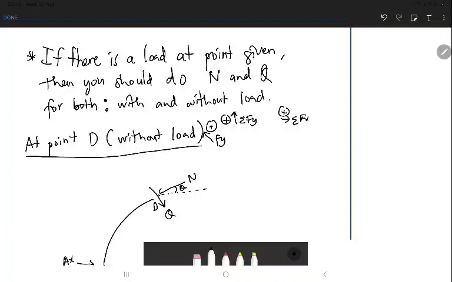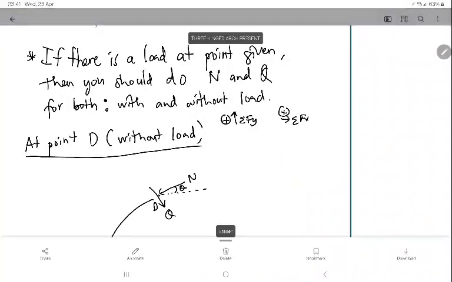Alright, so N replaces fx. So for example, for without load, we draw the free body diagram first.